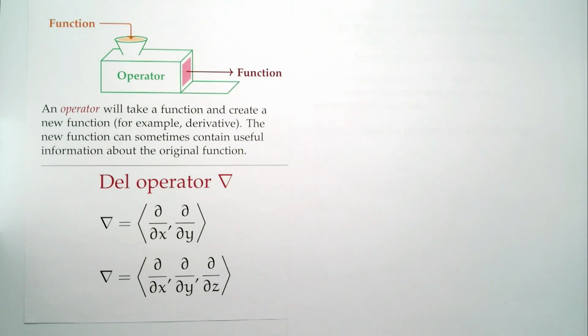So if we're doing a two-dimensional problem, when we talk about the del, partial x, partial y. If it's three-dimensional, toss in a partial z on the end. But remember, this is really saying I'm taking partial derivatives. There's not a function written down with the del yet, because I'm going to do something to a function. This is going to operate on a function, but we're going to use this to do something.